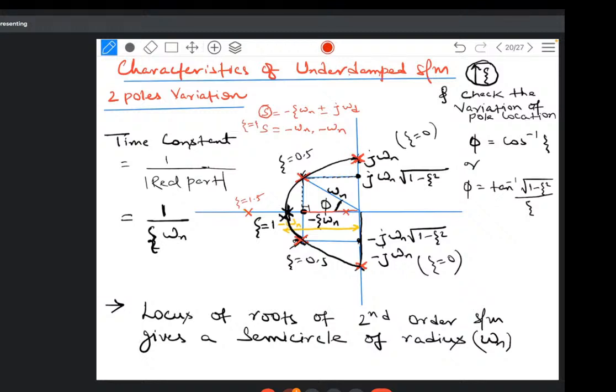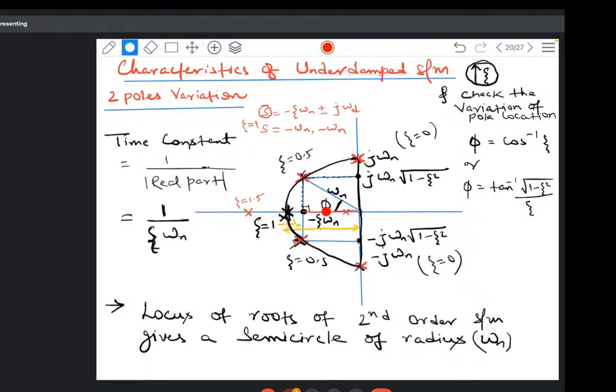In the characteristic of the underdamped system, you have seen that when zeta increases and the pole location varies, it will make a semicircular path where this distance is omega n, zeta omega n, and this distance is omega n.